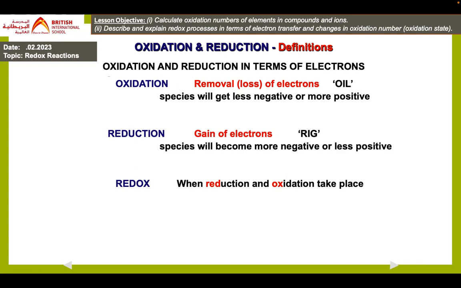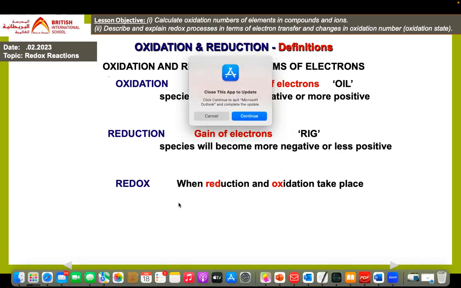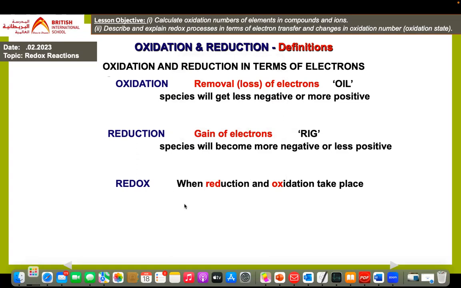And all reactions are redox reactions, because in every reaction, if one is losing electrons, the other must be gaining electrons. Losing electrons is oxidation, gaining electrons is reduction. So in every reaction there will be oxidation and reduction both. That's why it is called a redox reaction, in which you can see reduction and oxidation both.